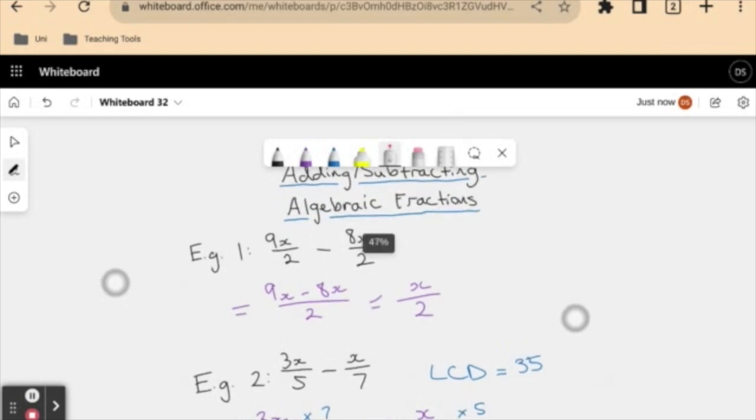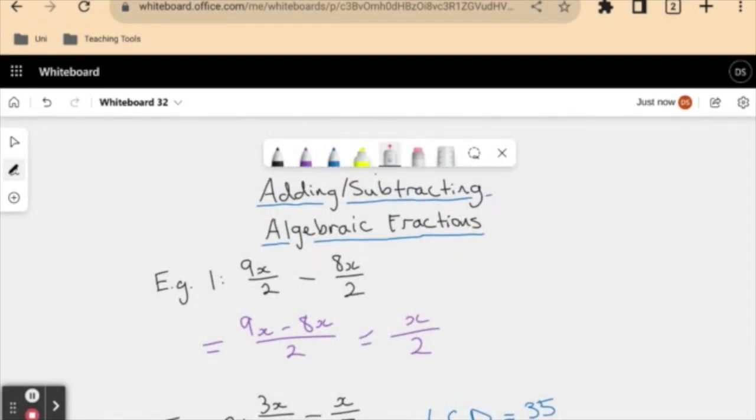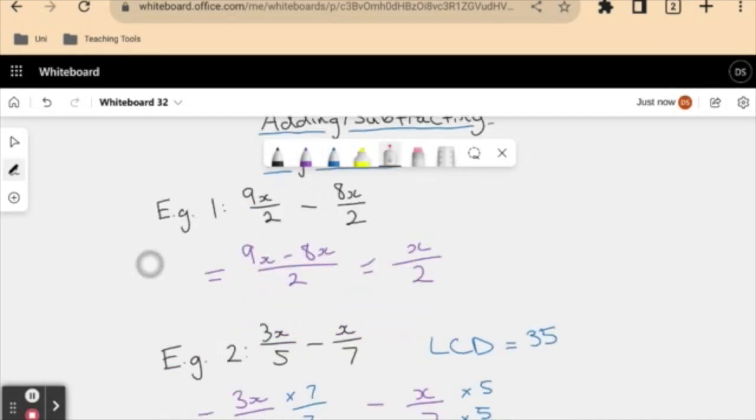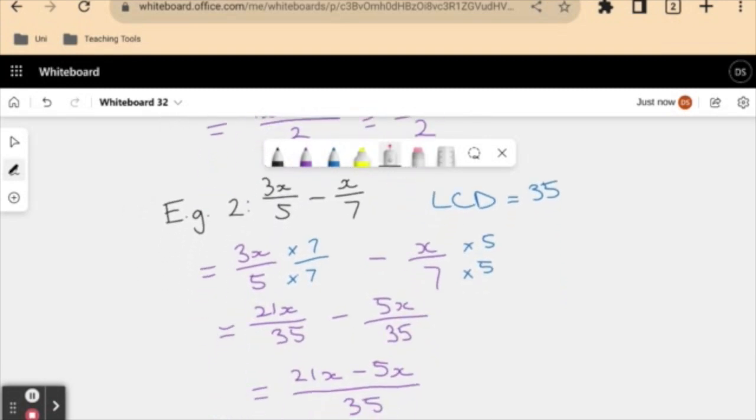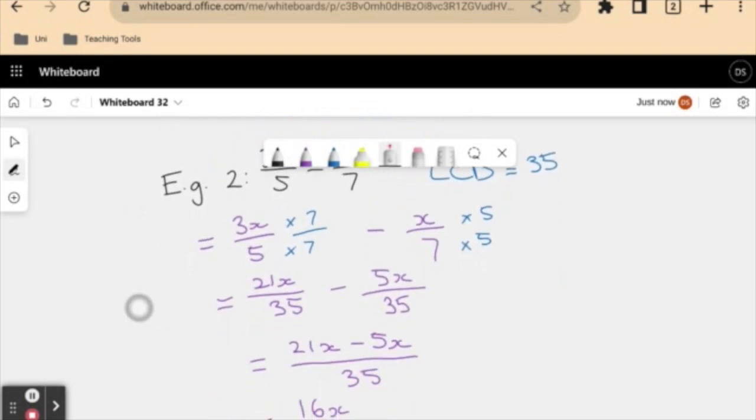The fact that these are algebraic terms doesn't really change our method from what I've talked about in previous videos about adding and subtracting fractions. It's just a little bit trickier because now we're dealing with algebraic terms, so we need to combine our knowledge of fractions with our knowledge of algebra. We'll work on some trickier examples in the next video. See you there.